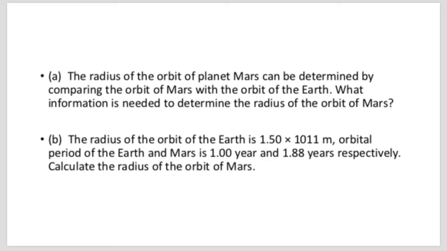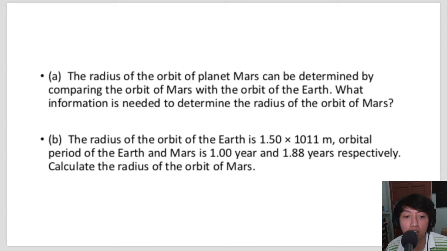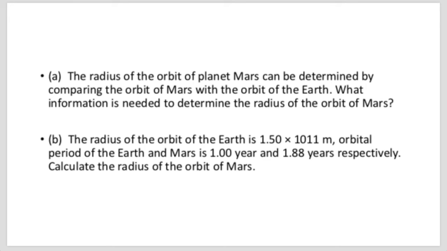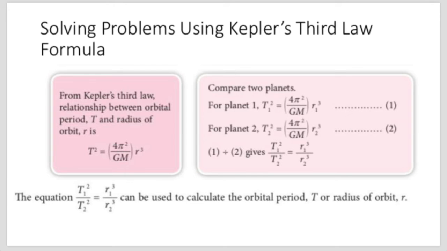For us to answer this question, first we have to figure out what formula we are using, right? So we have to ask, what formula can we use to compare two planets? Now we just talked about this just now. To compare two planets, we need to use this formula, T1 square over T2 square equals R1 cube over R2 cube. Right?